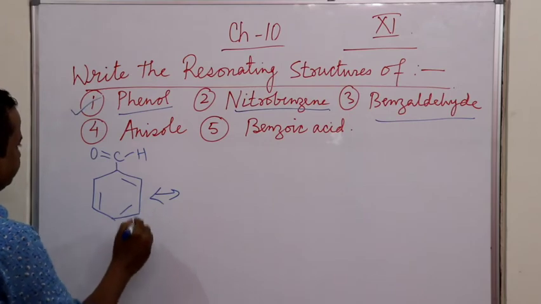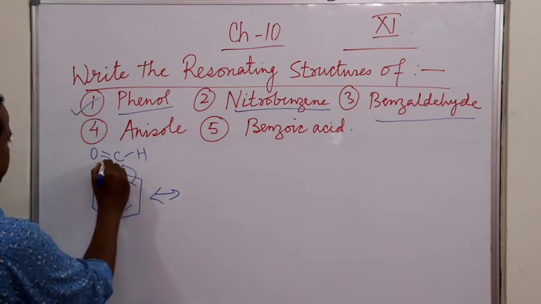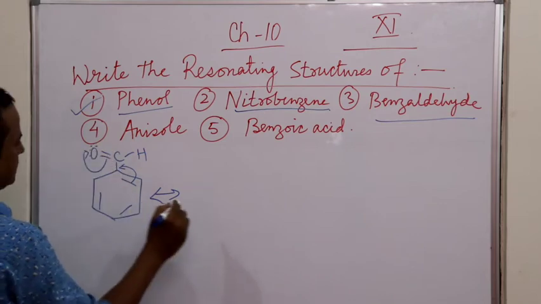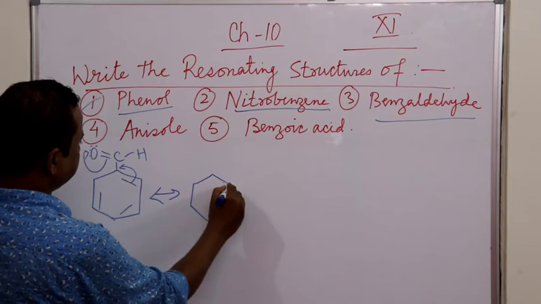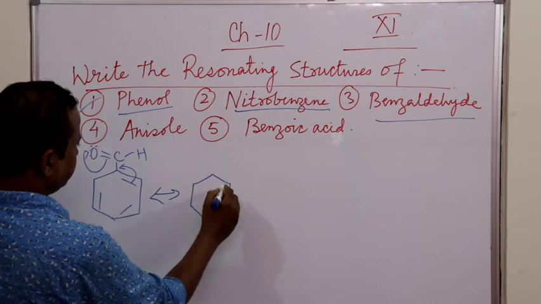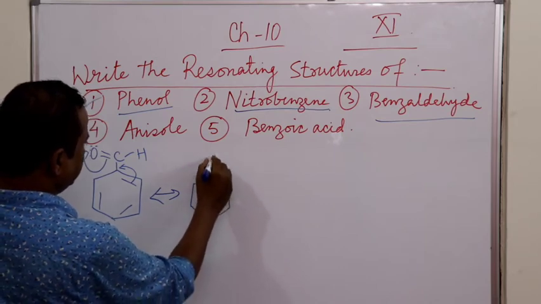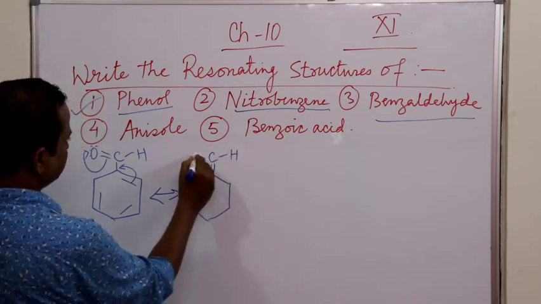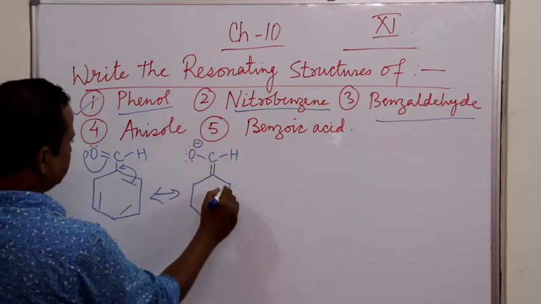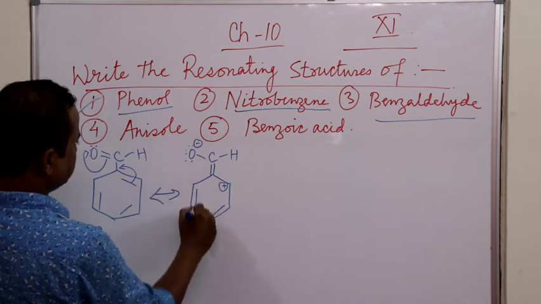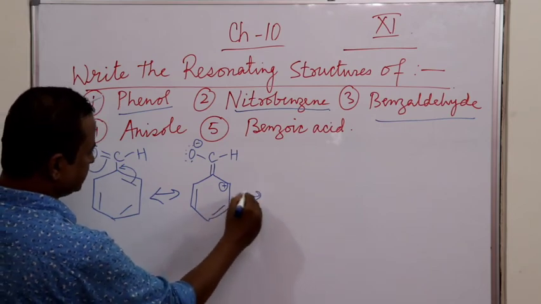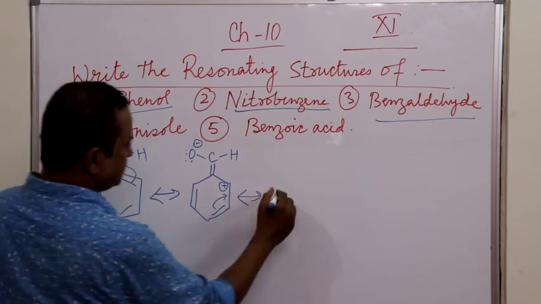So what will happen, this pi electron will shift, and as a result these electrons have to come here. So a double bond is formed here. We will write oxygen, now 6 electrons, and minus charge, and plus charge will be introduced here, same like the nitrobenzene.